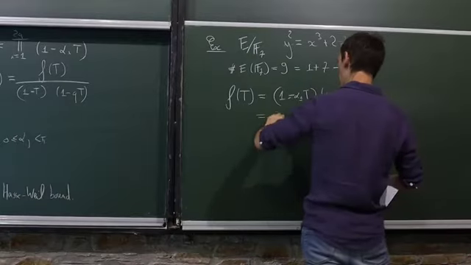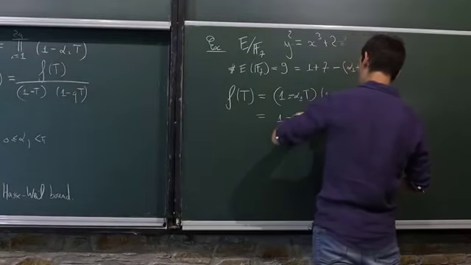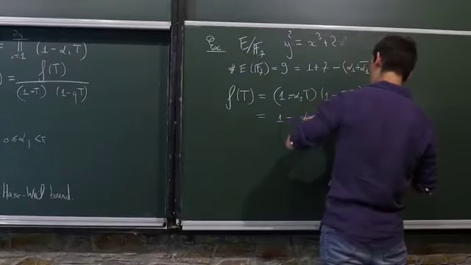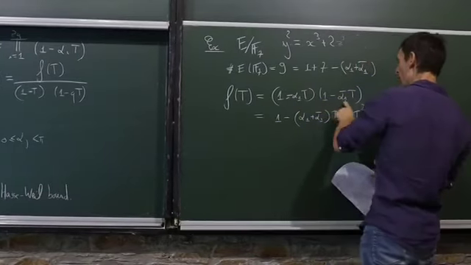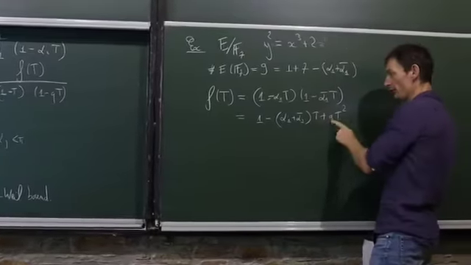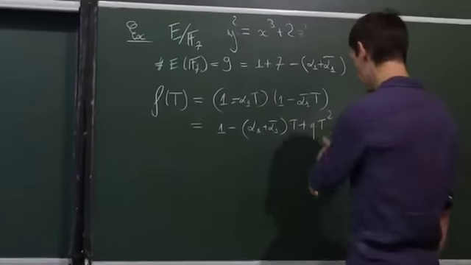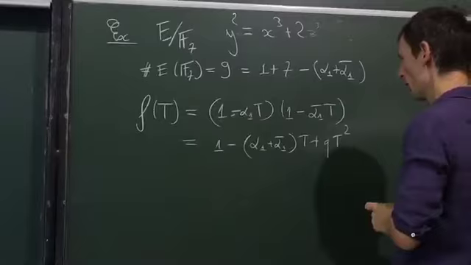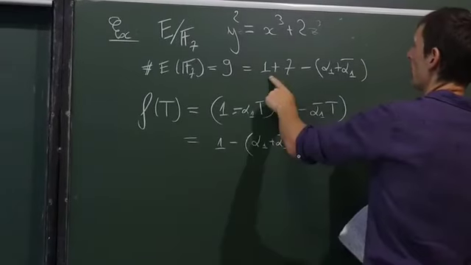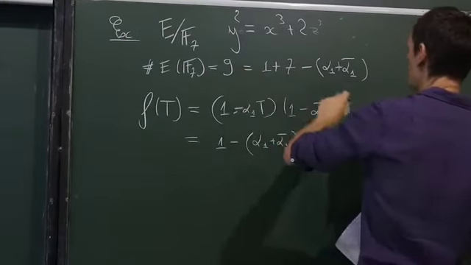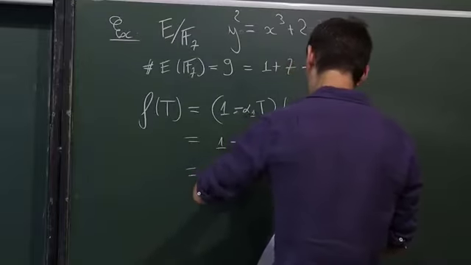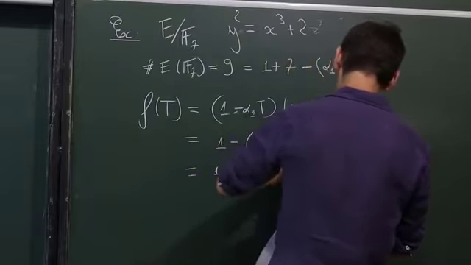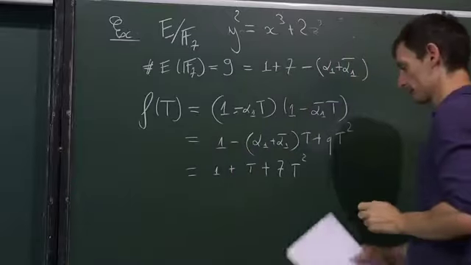So this is 1 minus (alpha 1 plus alpha 1 bar) t plus alpha 1 times alpha 1 bar t squared. This is q, because the norm is q, and so that's q t squared. And we have just seen that this is 8, which means that this was minus 1.